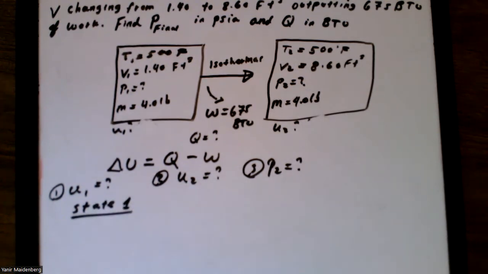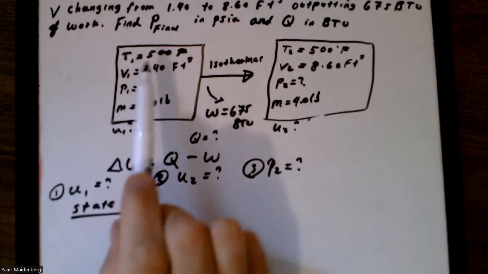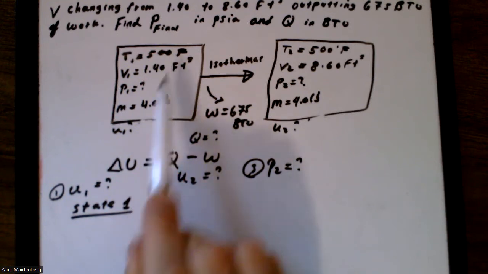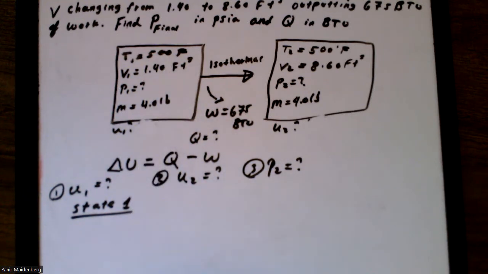Now, when I'm looking at the tables, saturated or not, I have temperature, I have volume, I have mass, whatever. If you look at the tables, I am never given the overall volume, the extensive volume. I am given the specific volume, right? It's always meters cubed per kilogram or foot cubed per pound or whatever.